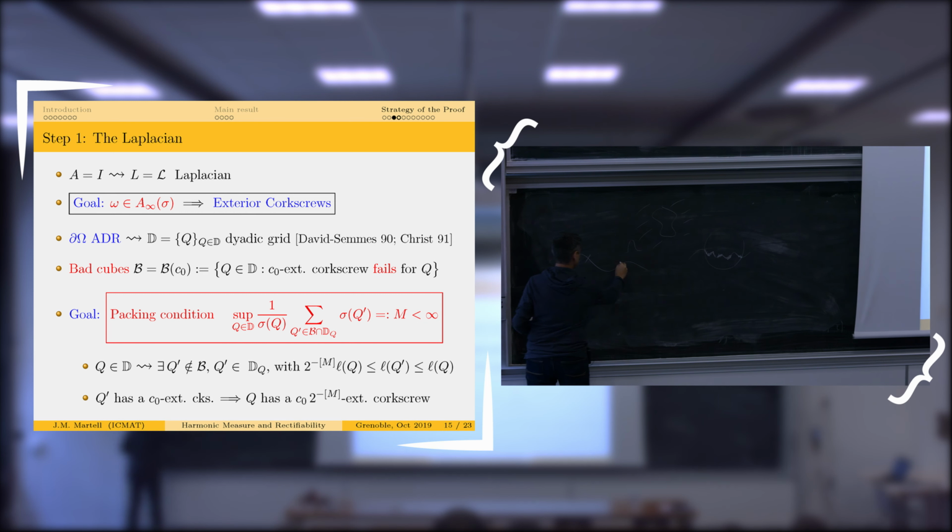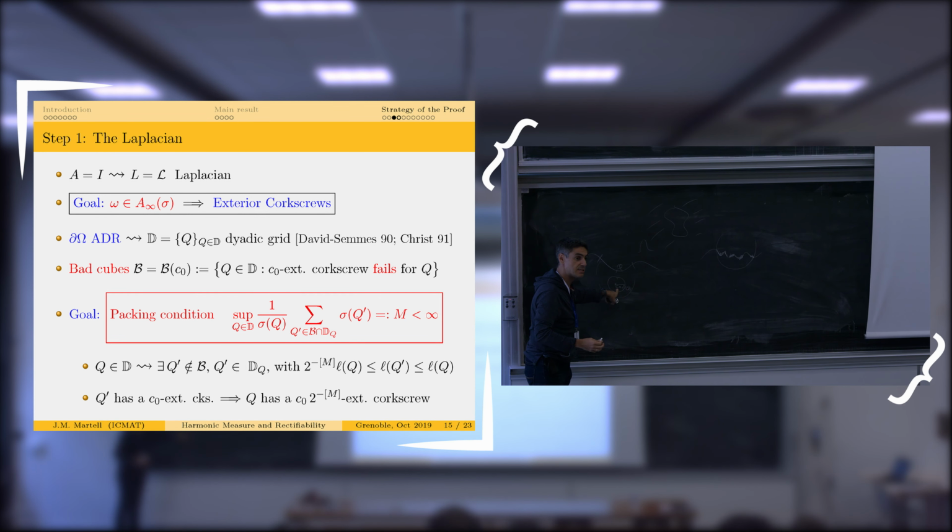So if this is the cube, this is the length of Q. Failing means that you cannot take a ball in the exterior with size C naught times the length of Q.